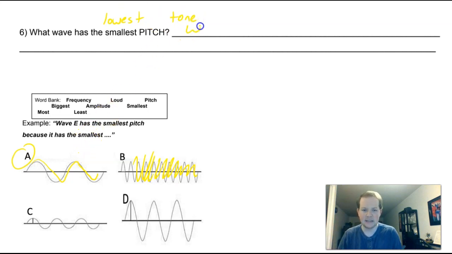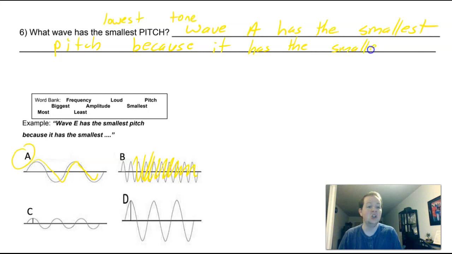Okay, last sentence. Wave A has the smallest pitch because it has the smallest or lowest frequency.